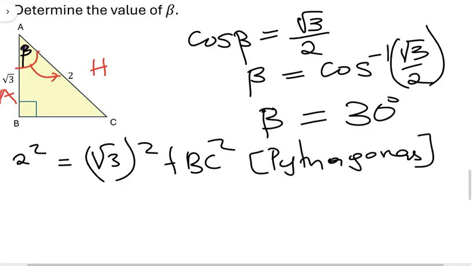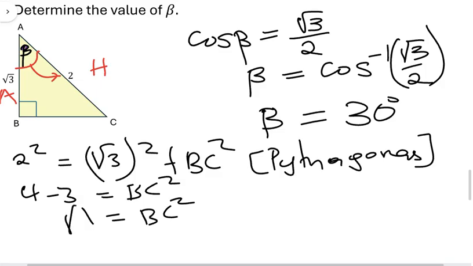Which means I would then get 4 minus 3 equals BC squared, so 1 equals BC squared. Take the square root of both sides, and you would then get that BC is 1. So you put in 1 there.